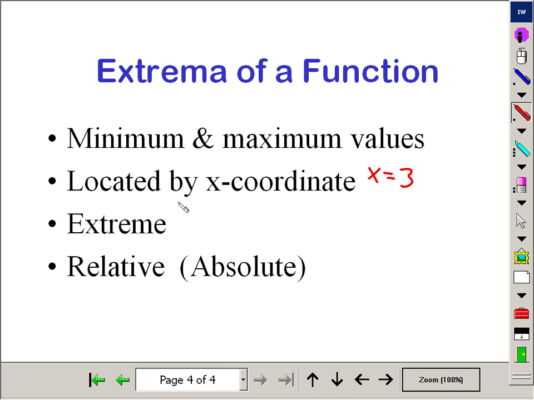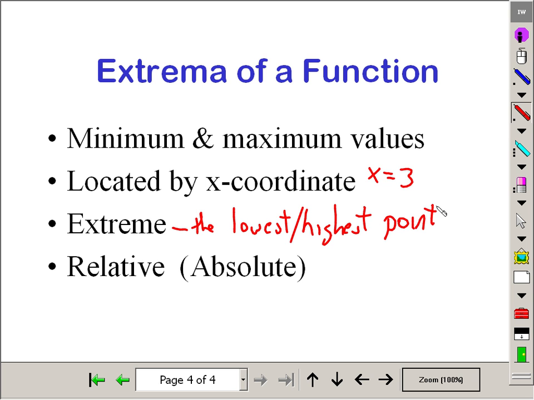The difference between extreme and relative: extreme is the lowest or highest point for the entire function. Something like a parabola would have an extreme.